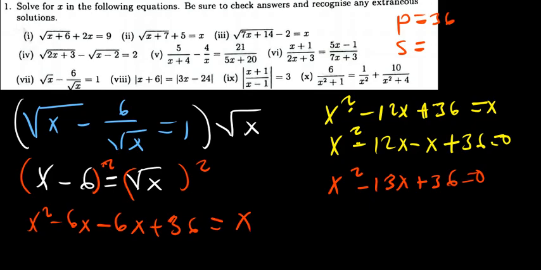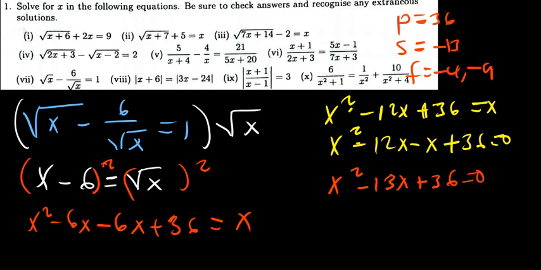So the product is 36 and the sum is negative 13. What are the factors? The factors will be negative 4 and negative 9. Because those times give 36, and the sum is negative 13.